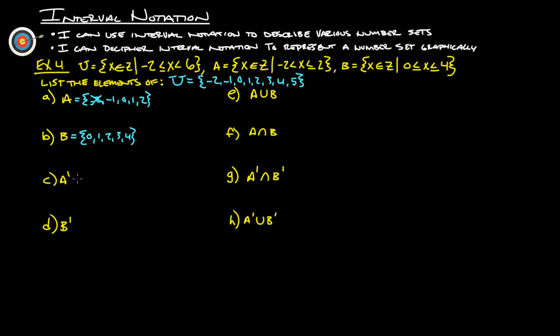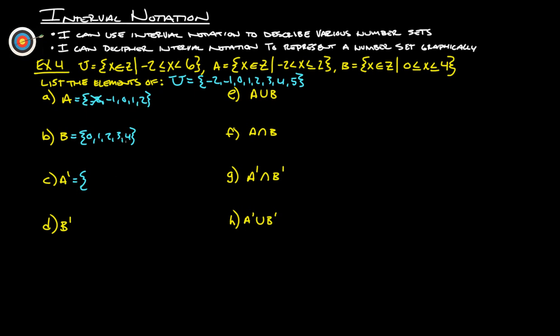Next one is A prime. A prime, the prime of the set, is basically everything that's in the universal set that's not in set A. If we take set A and A prime and take the union of that, we're always going to get the universal set.